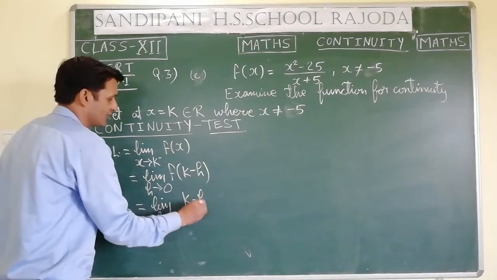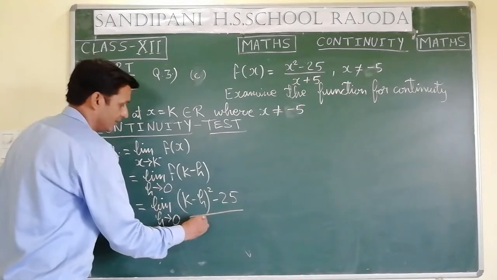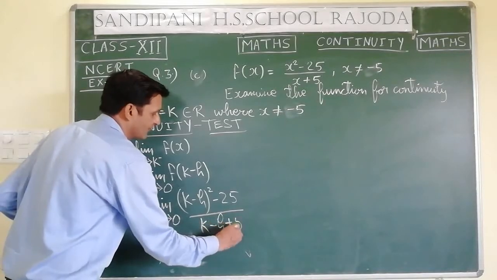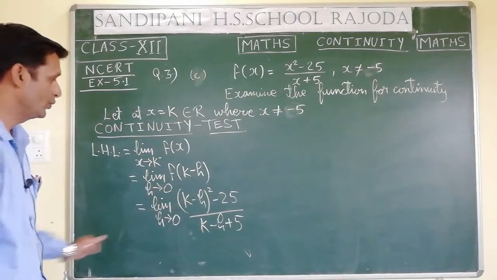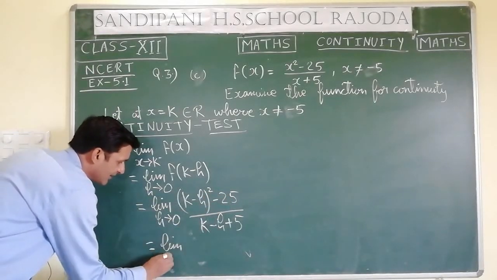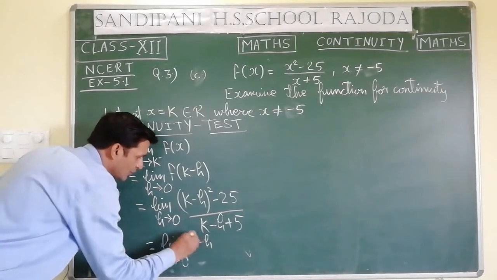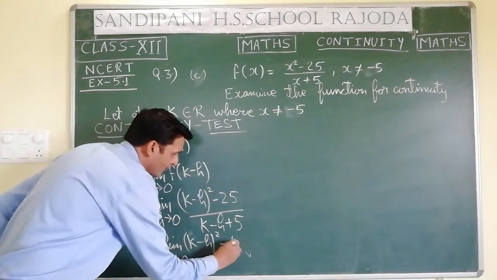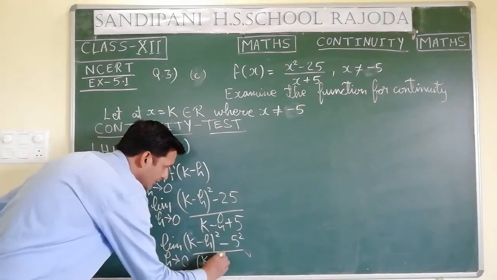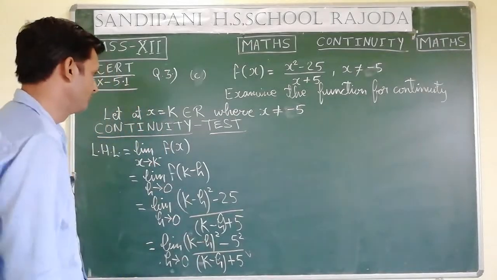So k minus h whole square minus 25 upon k minus h plus 5. If we want to solve this part, we may write it in this manner: limit h tends to 0, k minus h whole square minus 5 whole square upon k minus h plus 5.